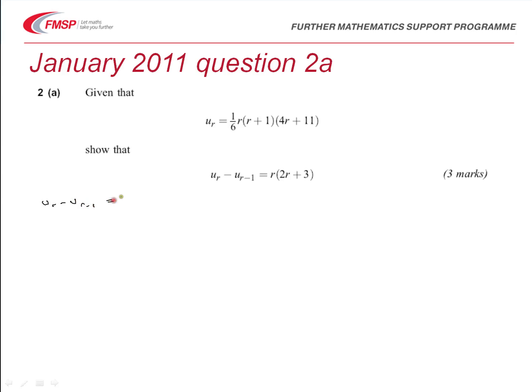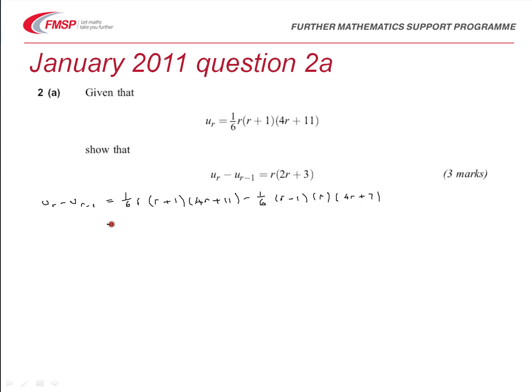We know that UR is defined as a sixth of R, R plus 1, 4R plus 11, and then we've got to subtract a sixth, and we're replacing R with R minus 1, so we get R minus 1, then R minus 1 plus 1, which is going to give us R, and then we've got 4 lots of R minus 1, so that's 4R minus 4, but we've got plus an 11 on the end there, so the minus 4 and the plus 11 gives us plus 7.